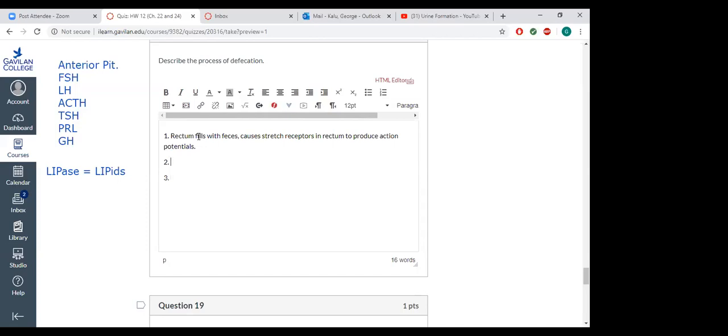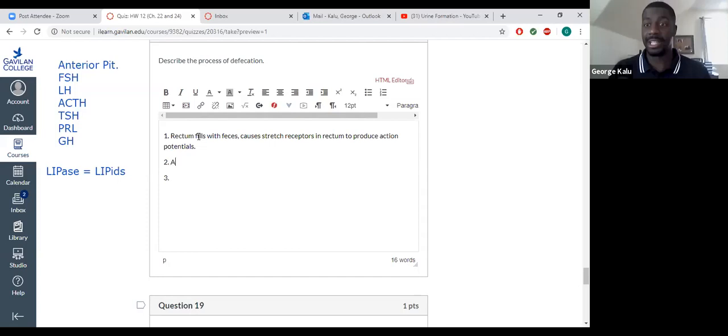Exactly. The only one thing you missed, and we skipped a little bit of a step here. So these action potentials are going to go to the spinal cord, to the defecation center. And so the spinal cord's defecation center is going to produce a bunch of action potentials using the sympathetic or parasympathetic division.